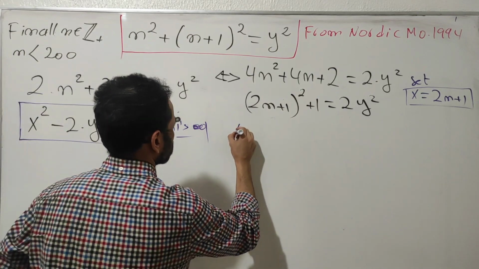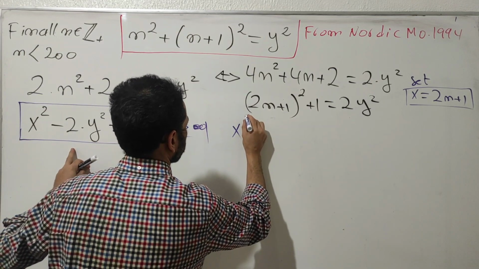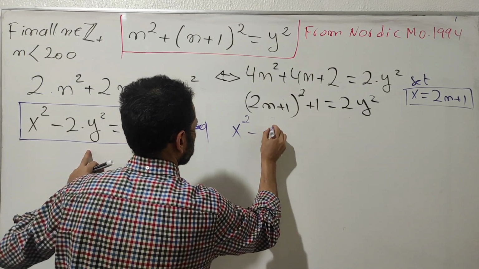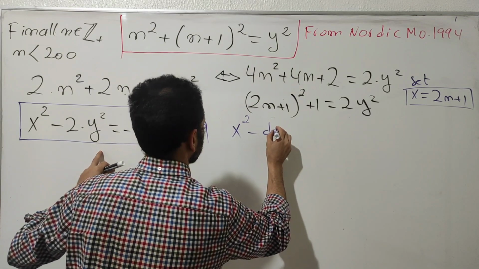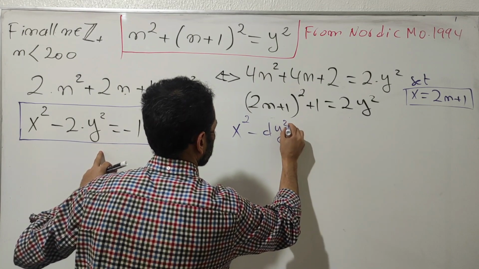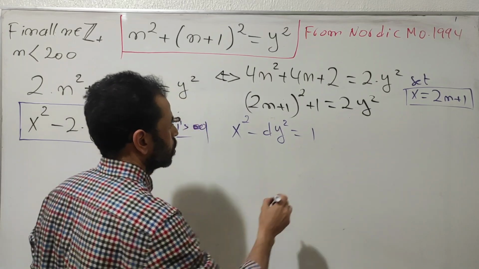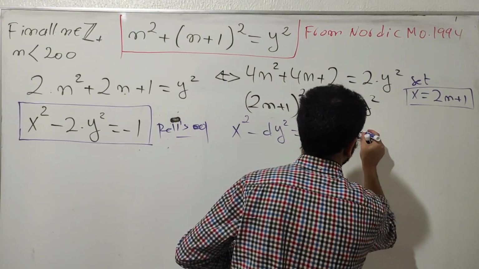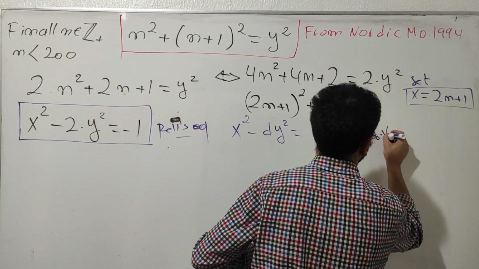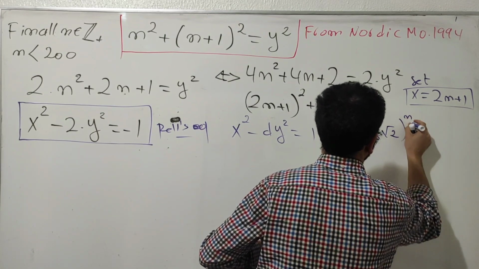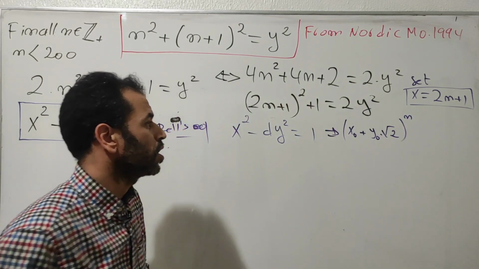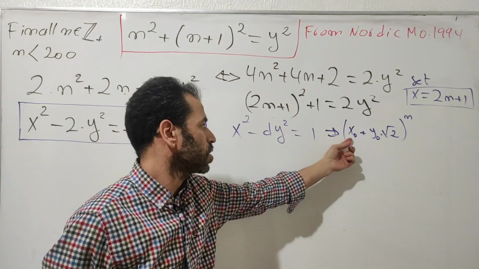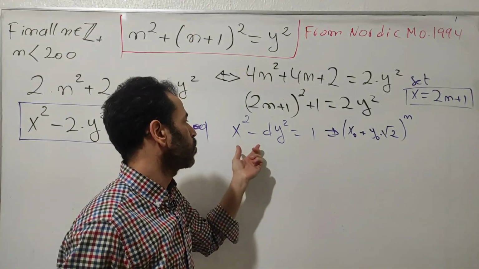Pell's equation is normally written in the form x squared minus d y squared equals 1. So the general solution of this one is x0 plus y0 multiplied by square root of 2, all to the n as an exponent. What is the n? It is some integer, okay? x0 and y0 are the first obvious solution.